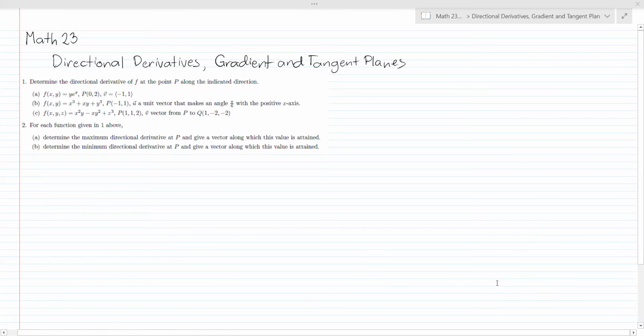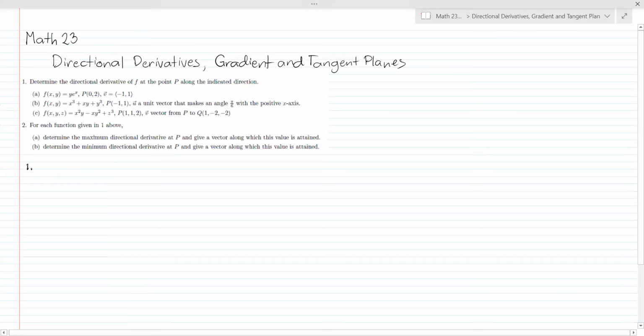Okay, so number one, we need to find the directional derivative of f at the point P along the indicated direction. We have f equal to y e to the x, the point 0,2, and the vector equal to negative 1, 1.